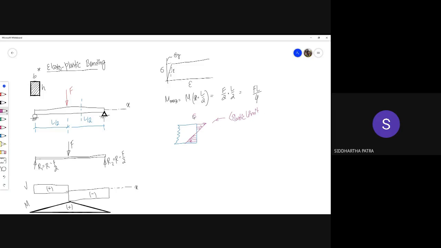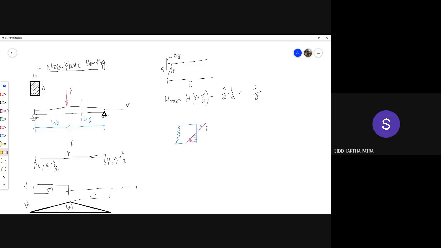And actually, to be precise, this distribution holds true for strain, whether or not you are within the elastic limit. So this is how the strain changes.